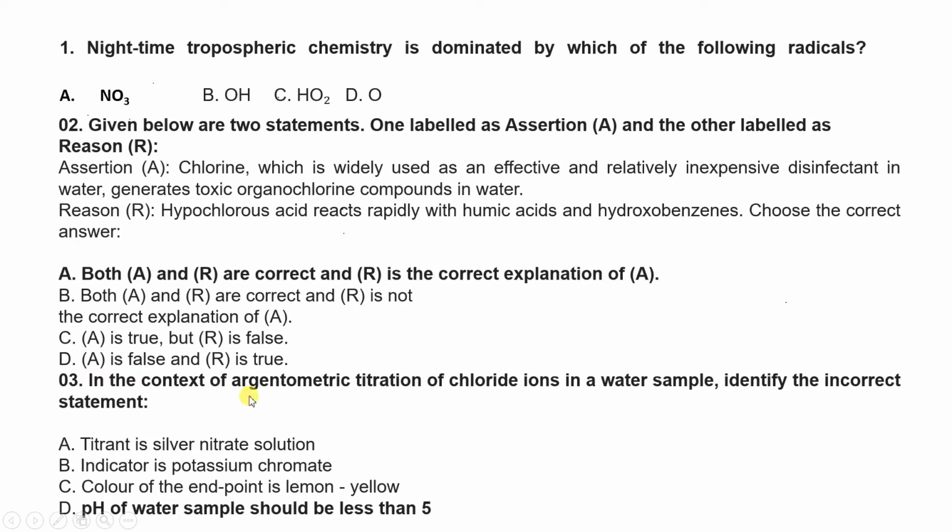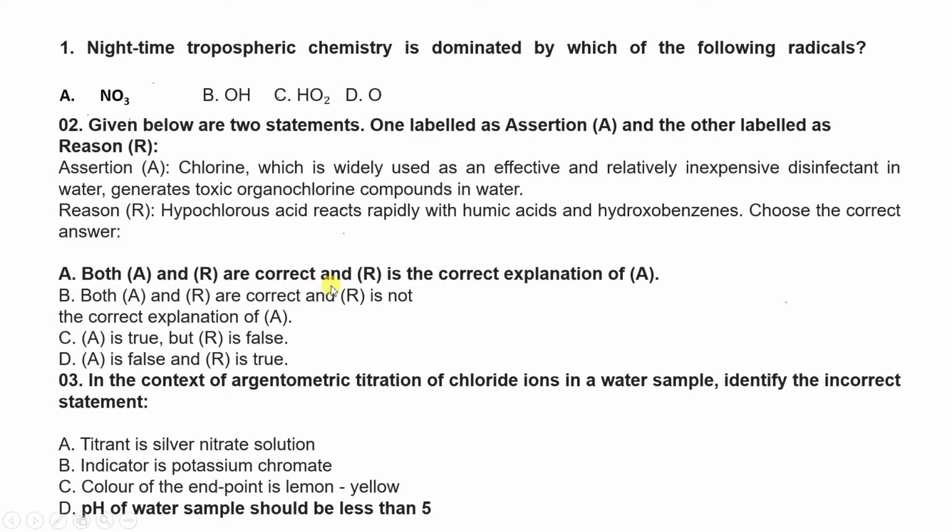In the context of argentometric titration of chloride in a water sample, identify the incorrect statement. You know chloride estimation. For chloride estimation, you take 100 ml sample, then you titrate that against silver nitrate, 0.141 strength of silver nitrate.